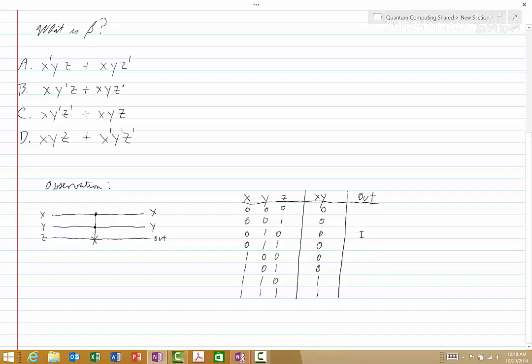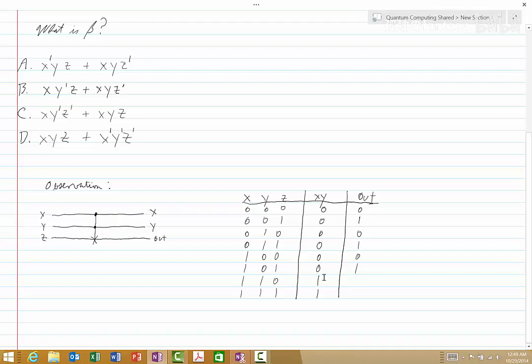And now we want to calculate what out will be. Now, unless X and Y are both equal to 1, out will be equal to Z. So we can just put the value of Z, which of course is this column right here. So we get 0, 1, 0, 1, 0, 1 for the first 6 values of out.